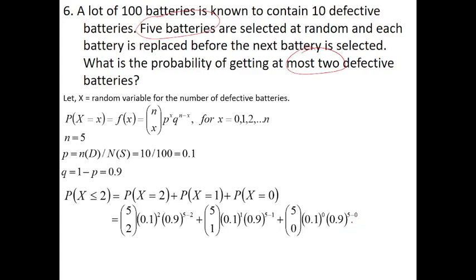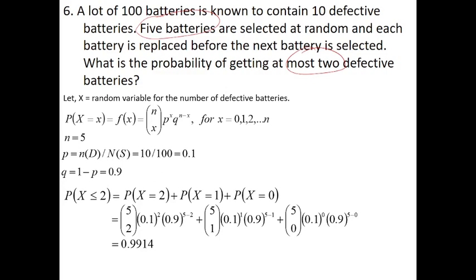So, what is our answer now? Our answer is 0.9914. That is the answer. The probability of getting at most 2 defective batteries is 0.9914.